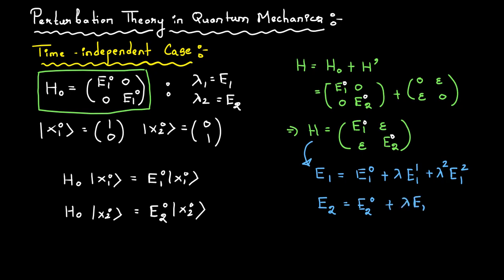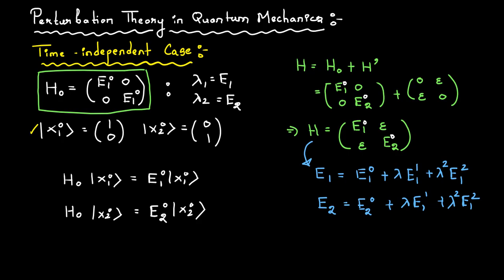Okay, and the first order and second order correction. So when I do the same, similarly I can say that maybe the same is also true with the eigen states.